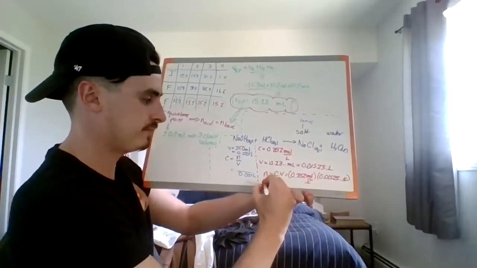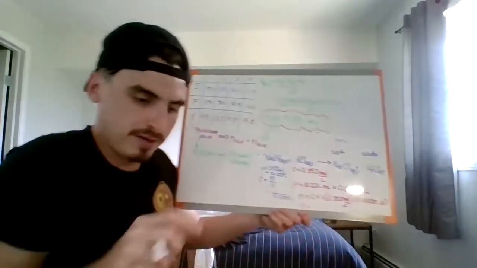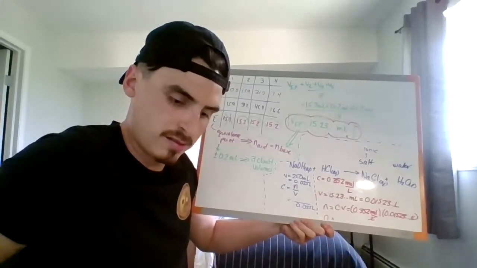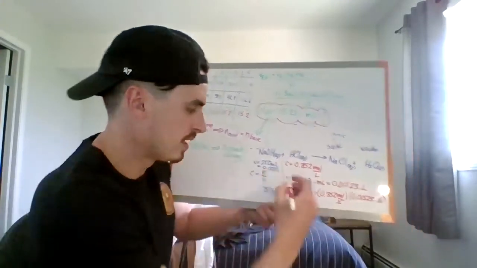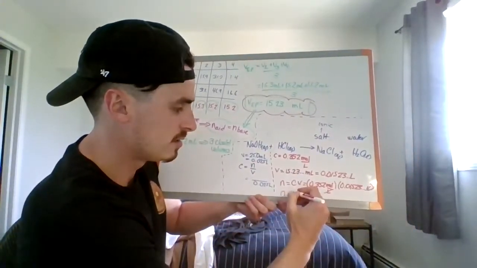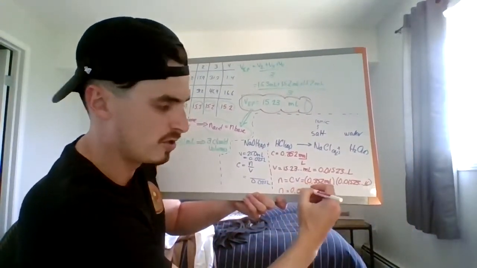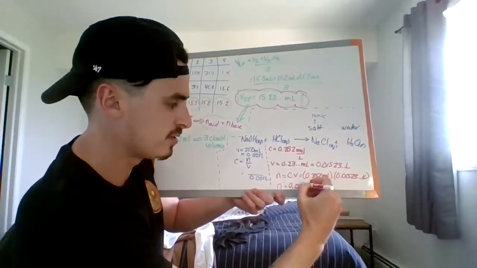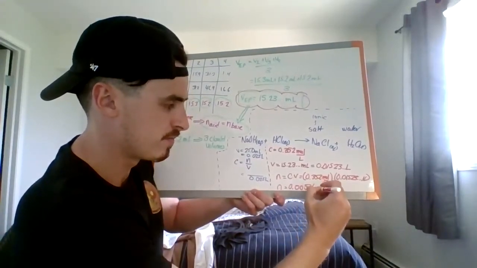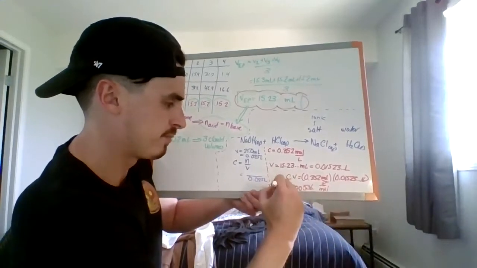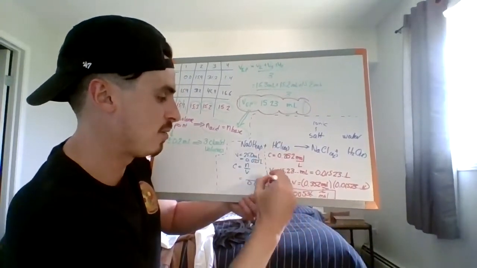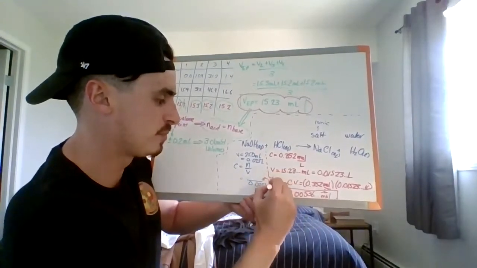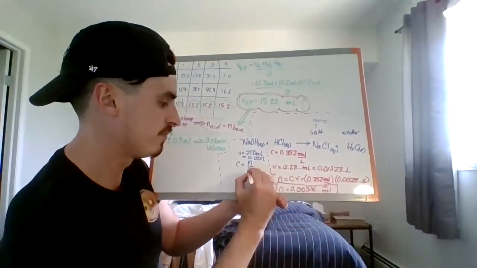Okay. Sorry, it's getting a little small there. Okay. So I get 0.005362. Okay. Now, to go from here to here, I have to divide by 1 and multiply by 1 so it stays the same.